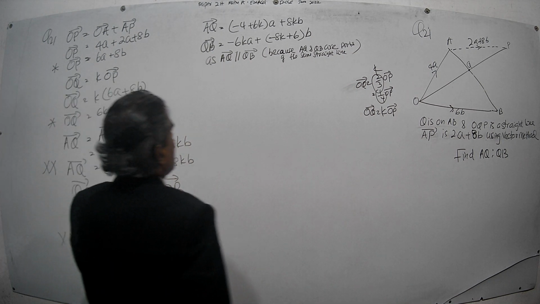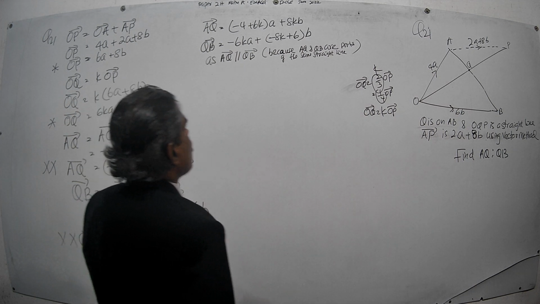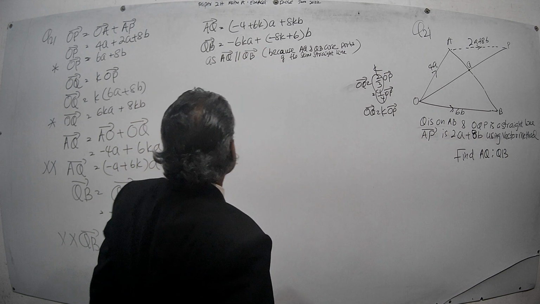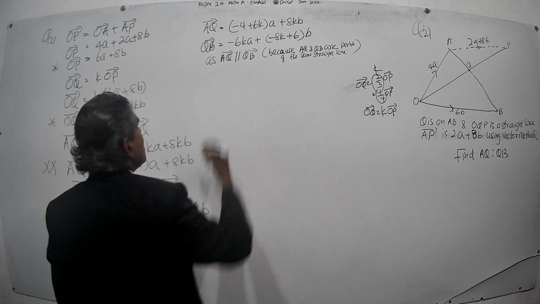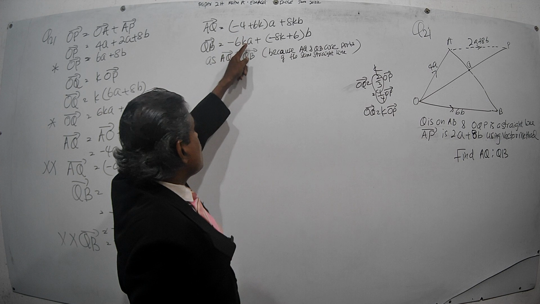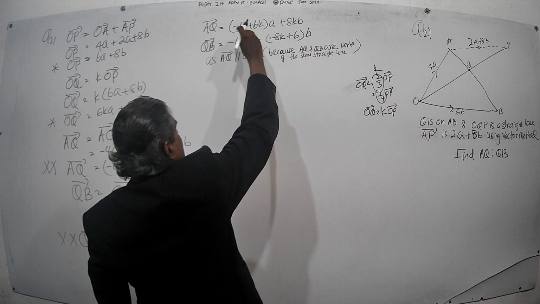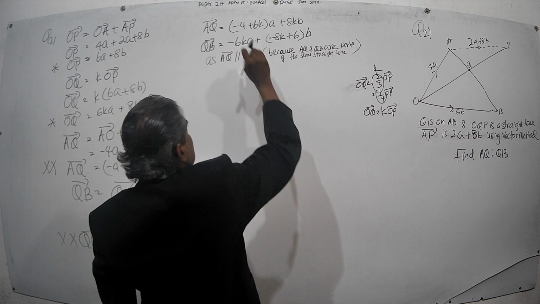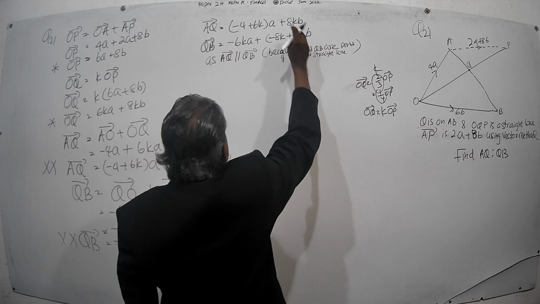Then in parallel vectors, the ratios between the coefficients of corresponding components are equal. That is the principle. Now, the ratio between the A components of the two vectors equals the ratio between the coefficients of the B components of the two vectors.